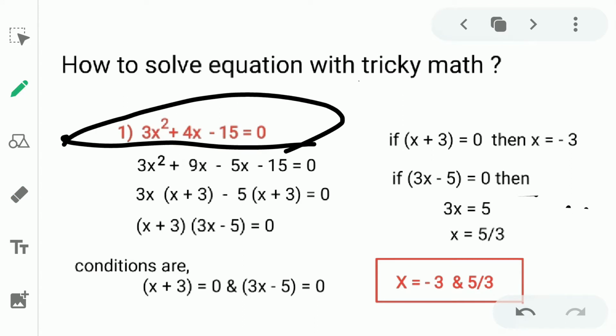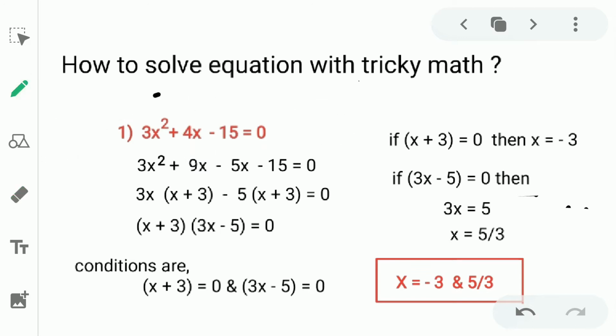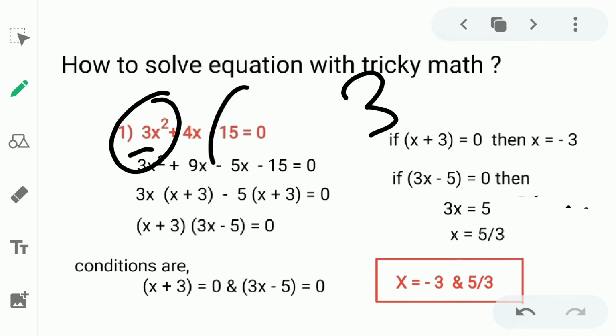This type of question, if there is a power 2, we simply use the easiest way. We take the coefficient of x squared, which is 3, and the 15.